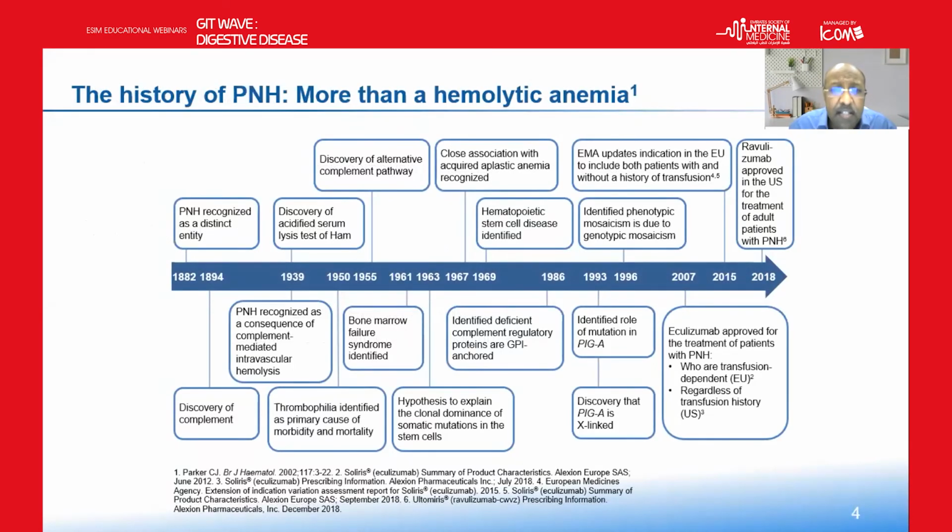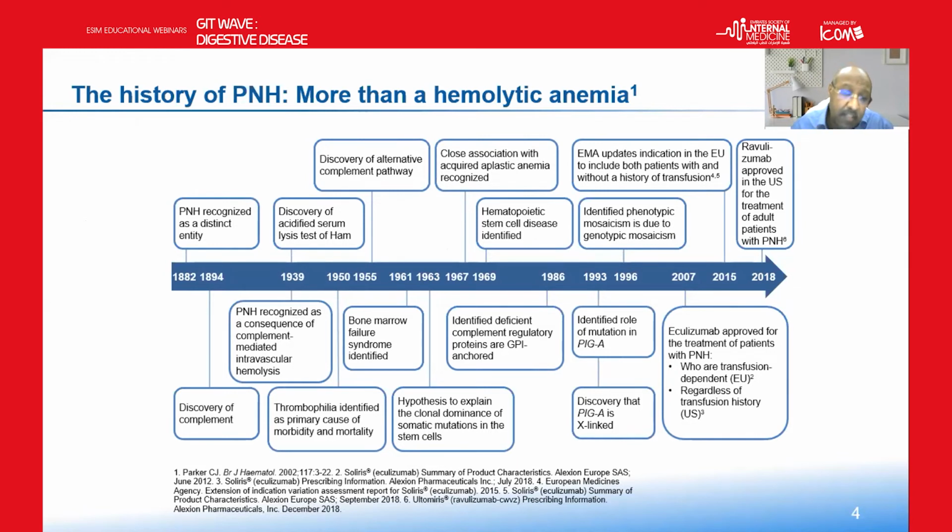So here is the history of PNH. PNH was known for a long time, since the 19th century. It was first recognized between 1882 and 1894. Later, they discovered the acidified serum lysis test in 1939.